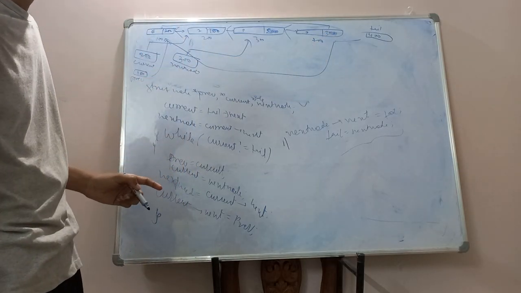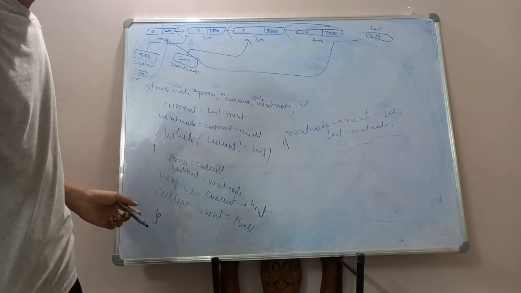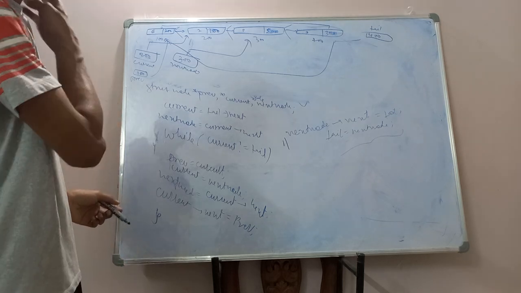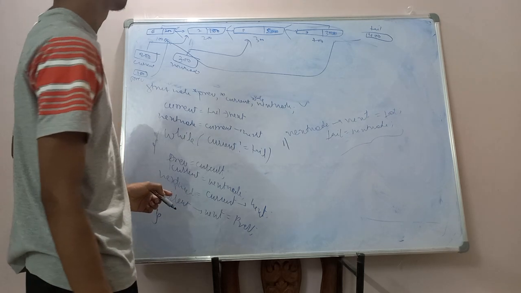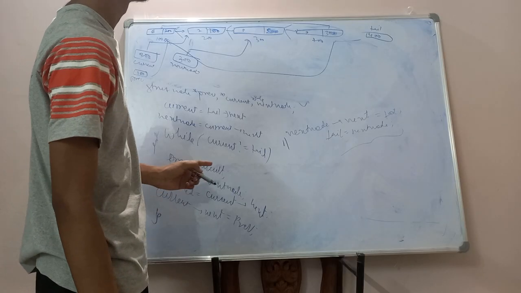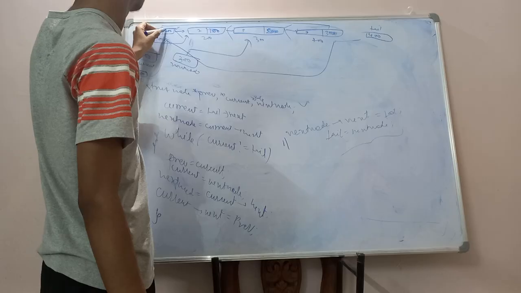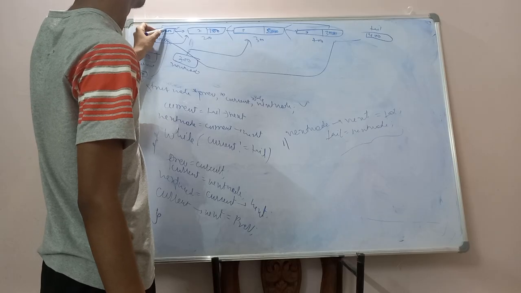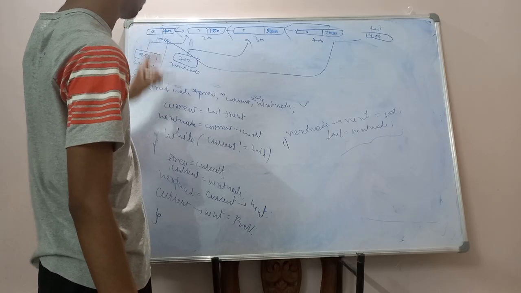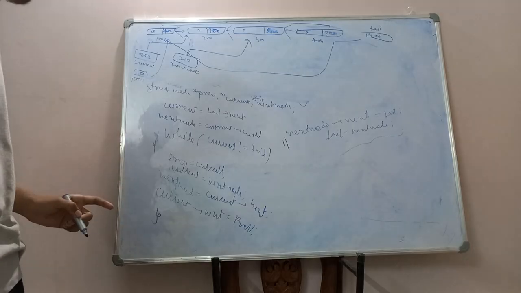And what else is remaining? The first will be pointing to the last, so this will be 400.